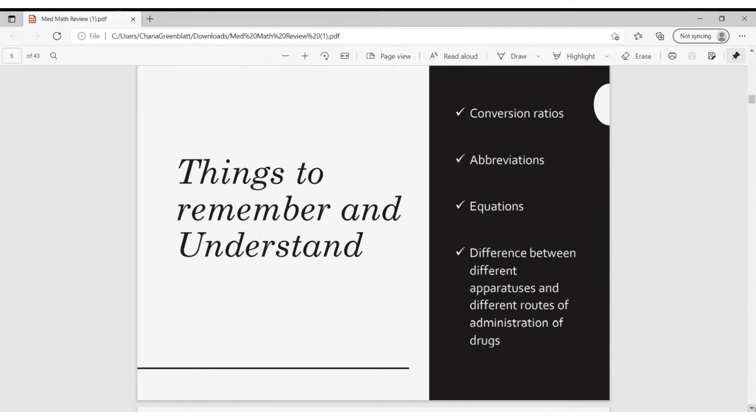Sometimes when you get to the exam, things are crazy, but just really taking the moment to break it down for yourself and understanding what the different abbreviations are, as well as the equations. There are specific equations to follow, and so just knowing how to go through there.